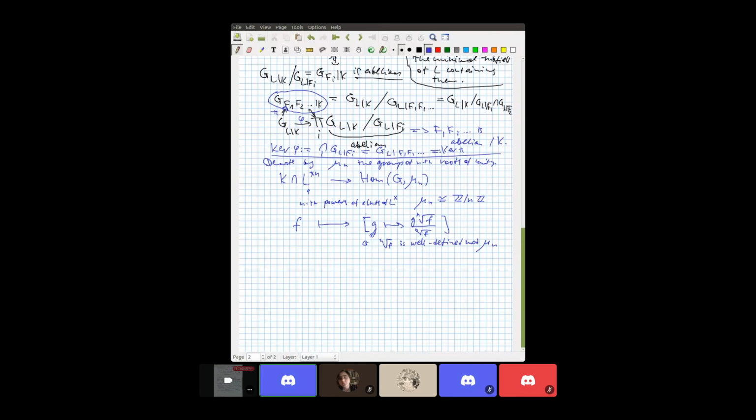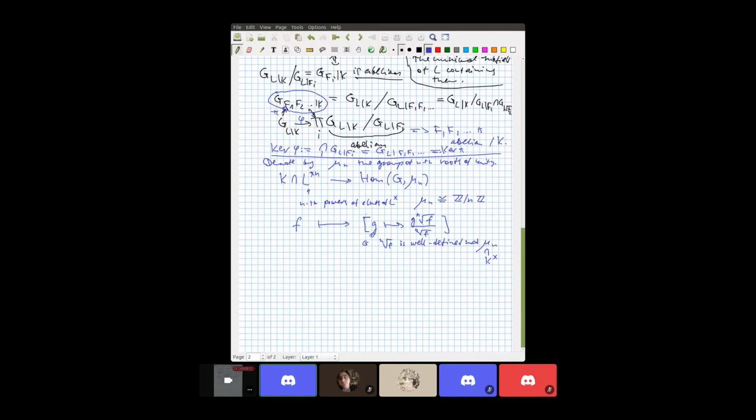And you see that this is well defined because if we choose another root of f, then it will differ by a multiple here. But this is an element of k, by our assumption. So the G action on this root of unity is trivial.